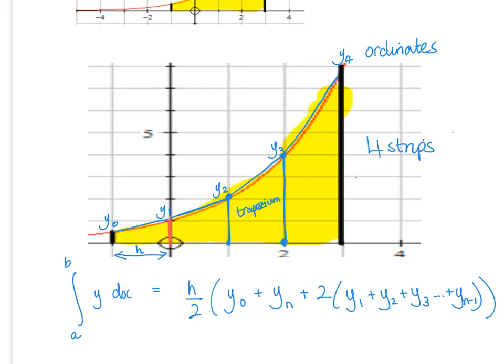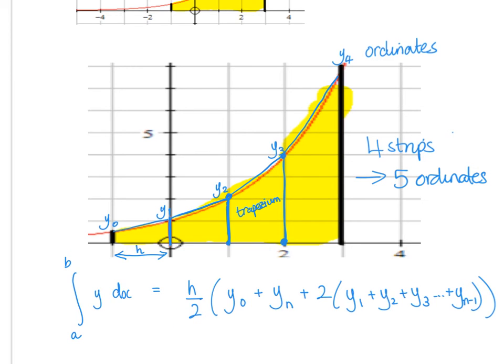So that actually generates 5 ordinates. And if you think about it, the ones in the middle are actually being used twice to work out the area of each trapezia here. So that's the formula. It's given in the formula booklet, and we can use it to do numerical approximation of the area under a curve.